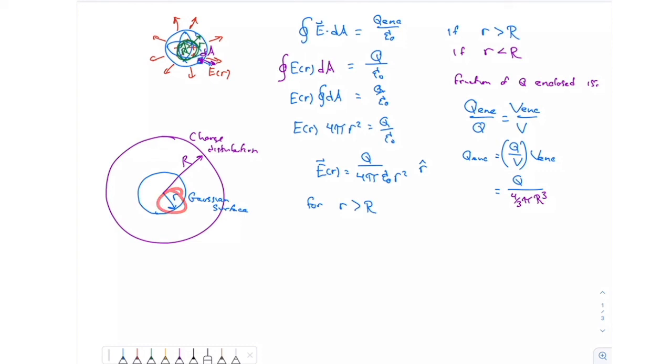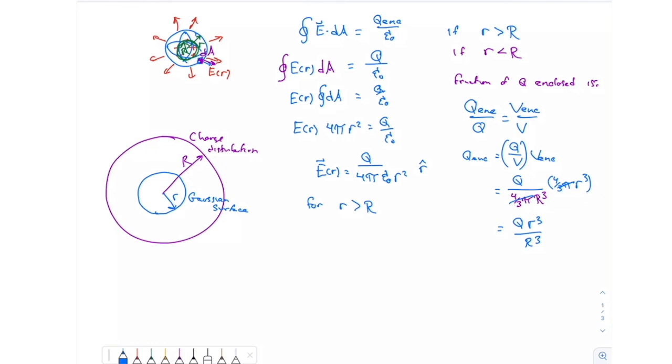It has a smaller radius, little r, but it's also a sphere. So the volume of the sphere is 4/3 pi r cubed. And what we see is the 4/3 pi's will cancel. And we're going to get Q times little r cubed over big R cubed.